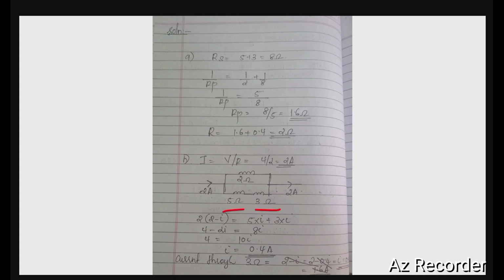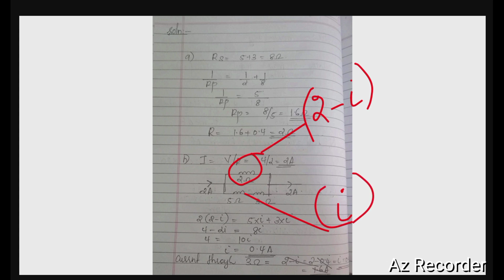Let's say that this 2 ampere current splits up and enters the 2 ohm and this 5 and 3 ohm series connection. Let's say that I current enters through this branch, then the total current being 2, the amount of current entering the other branch is 2 minus I.